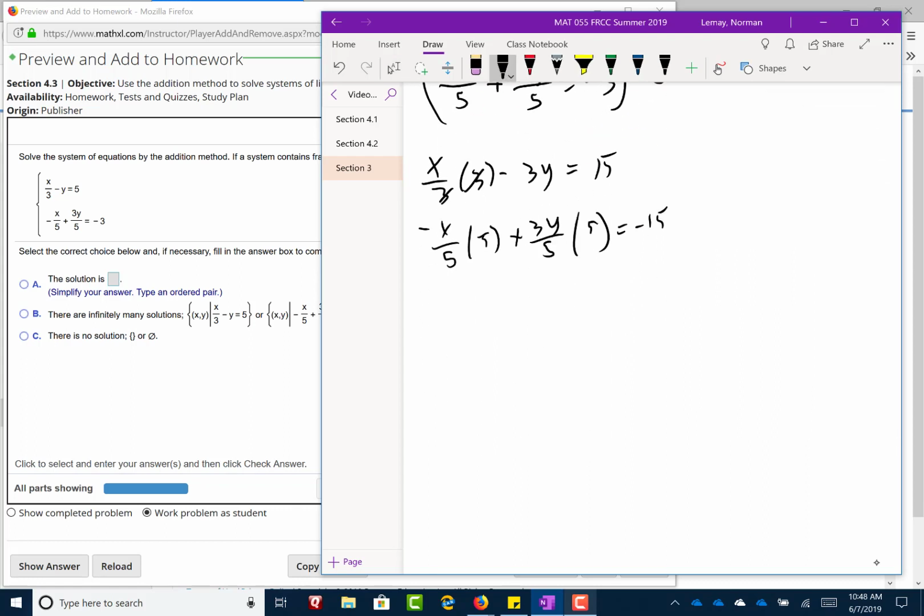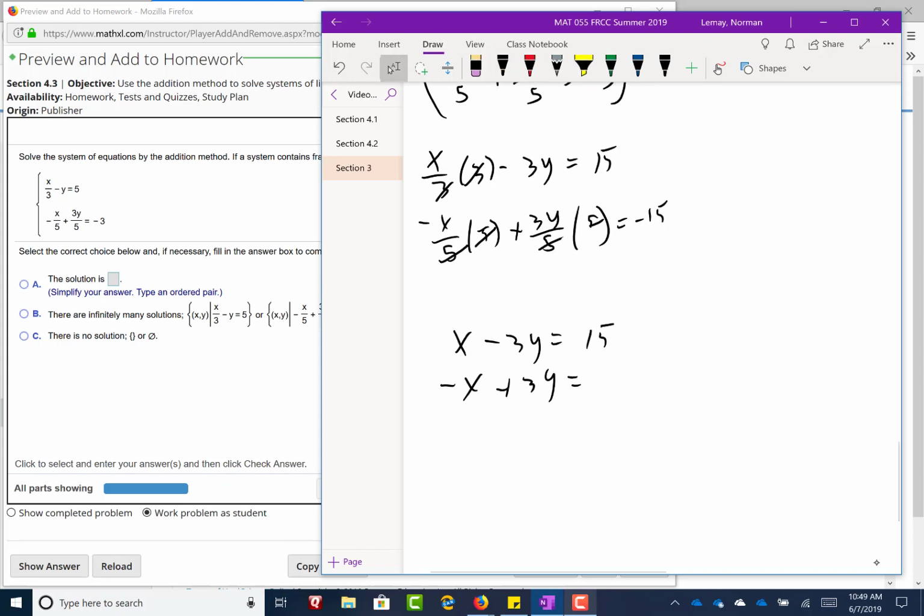So notice here the 3's drop out, so we get x minus 3y equals 15. And notice here the 5's drop out, so I get minus x. Here the 5's drop out, I get plus 3y equals negative 15.